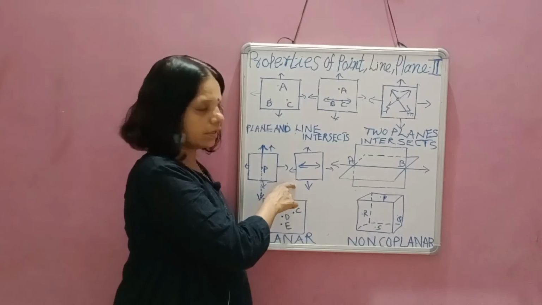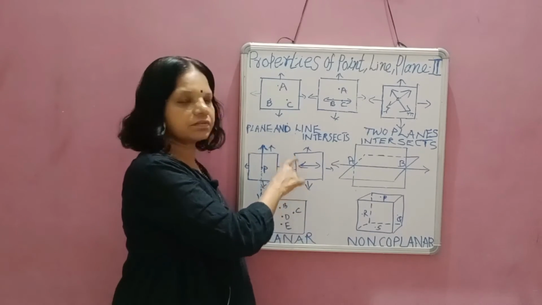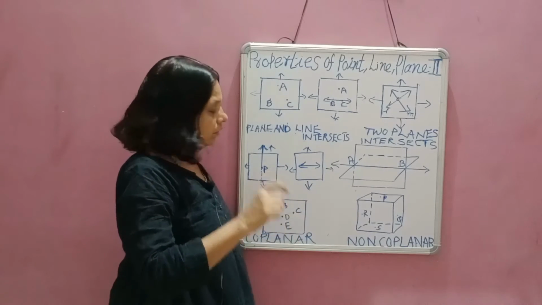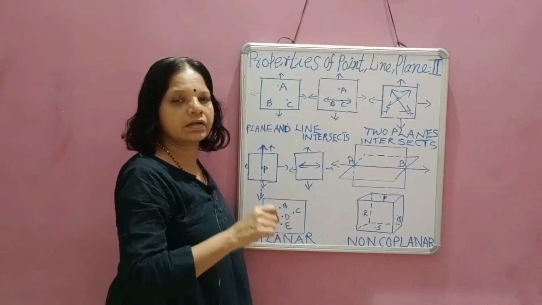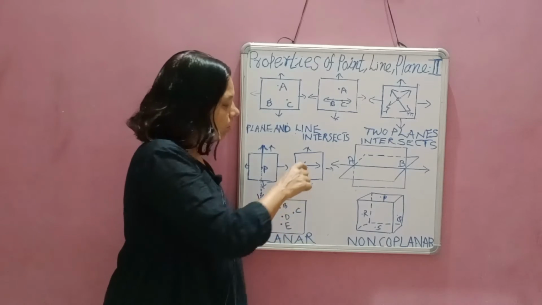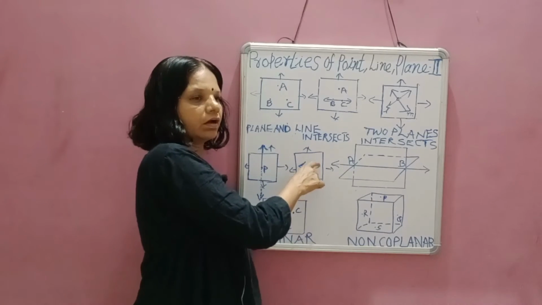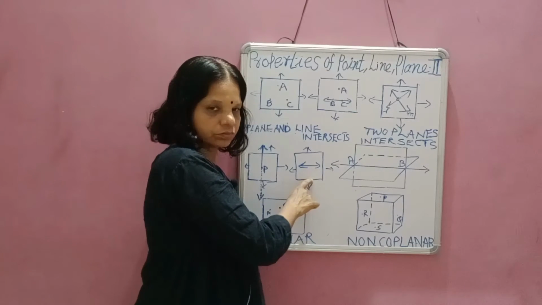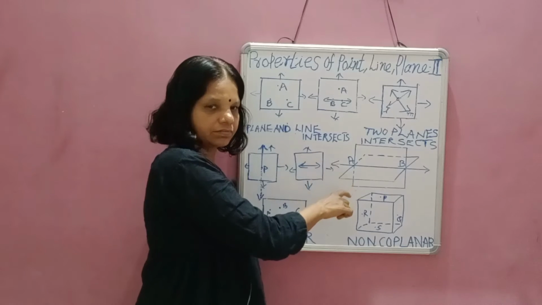Now this is the case when the line is in the plane. When the line is in the plane, their intersection is the line itself, because all the points of the line are points of the plane. So the common part is the line itself.